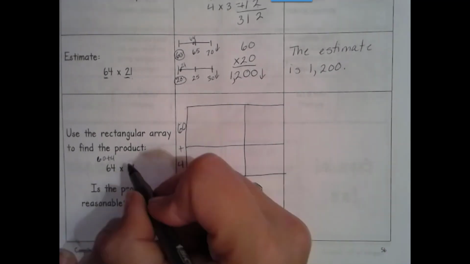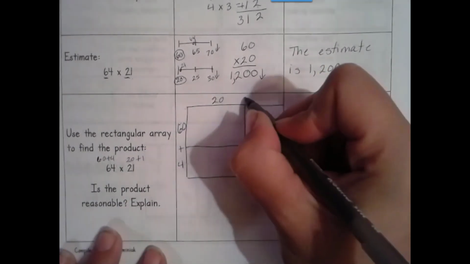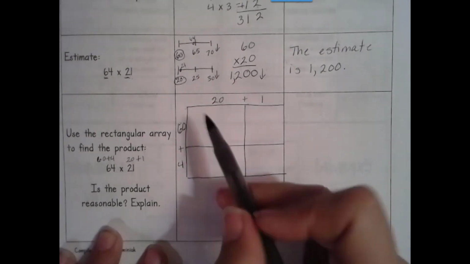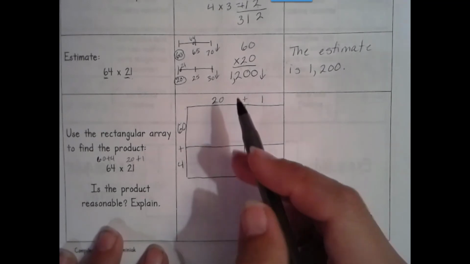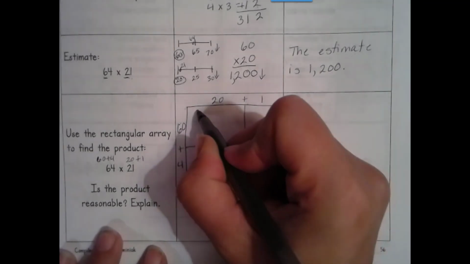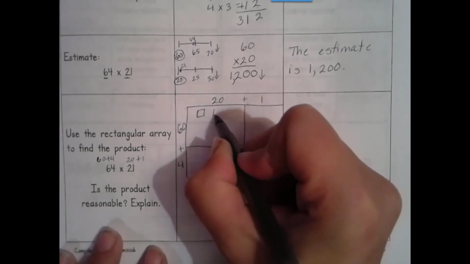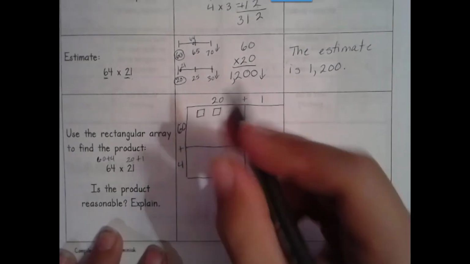Do that expanded form, and here 20 plus 1. Well, the 10 times the 10 here means we're going to have hundreds. So I have 2 hundreds there, and I need 6 groups of them.